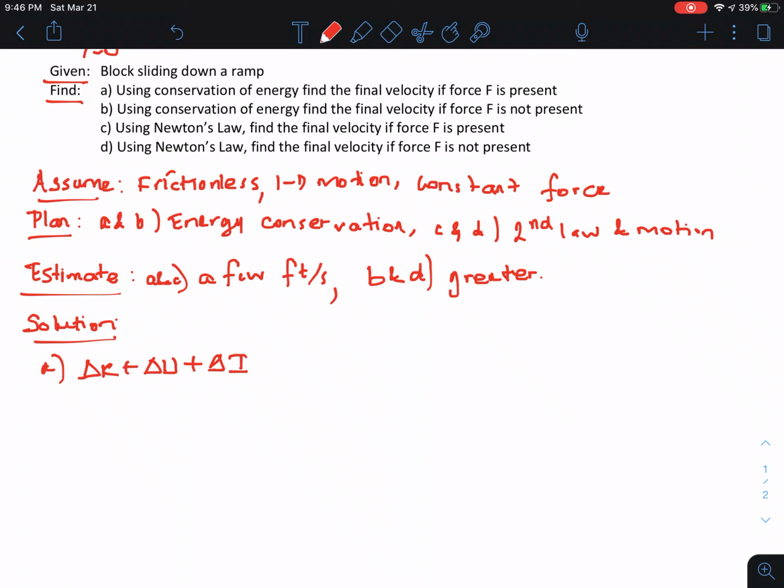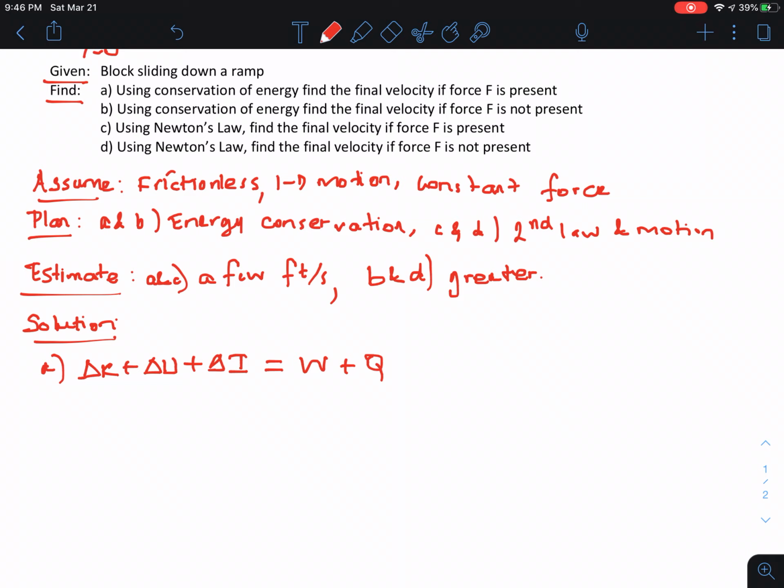And delta I is going to be 0 for a while, but later we will use that as well. On the right side, we are writing not the energies, but the ways that we can add or take away some energy from the system. Those are the work, which is related to the energy that way, and also heat, Q. This is how we're going to use the energy conservation equation for a while.